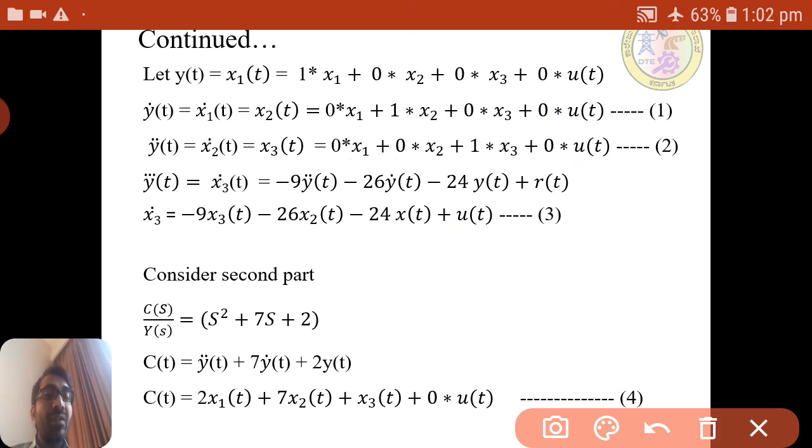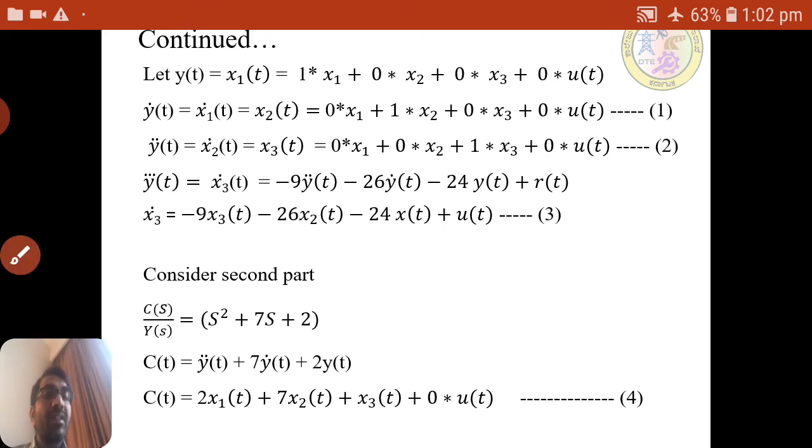If you consider equation 4, that is 2 7 and 1, the input is 0.